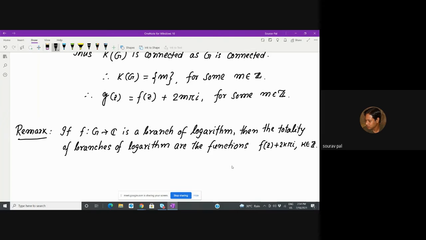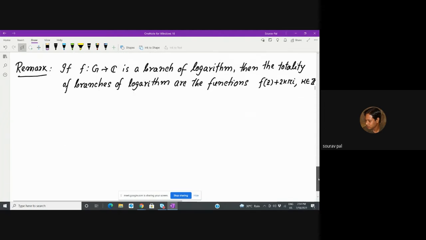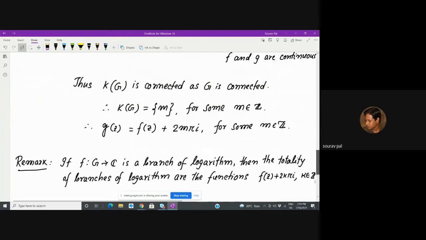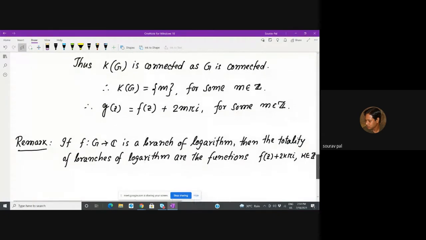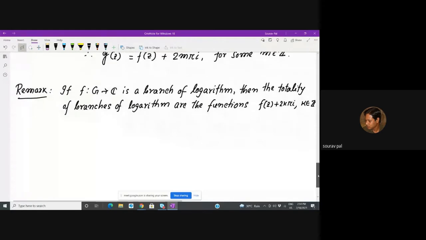Now the point is that we just go back to our previous example, the principal logarithm. In order to define the principal logarithm, we have removed a half line from the complex plane. This half line is called a branch cut.